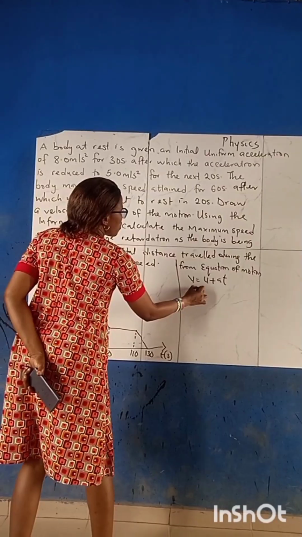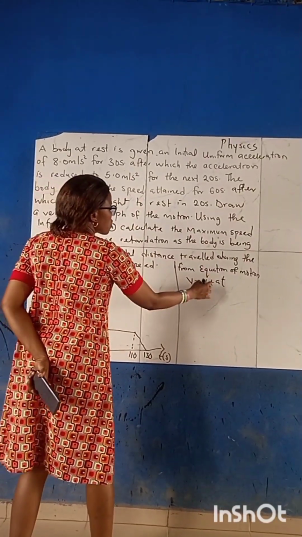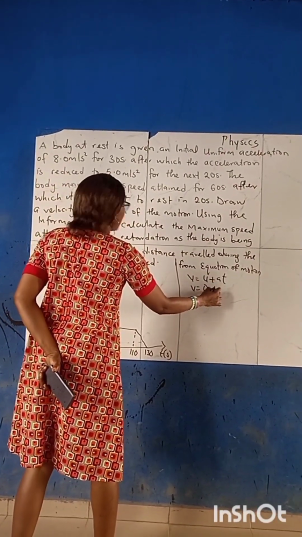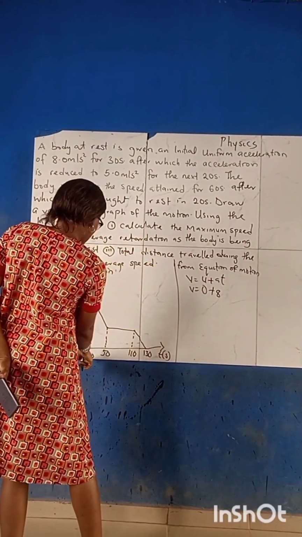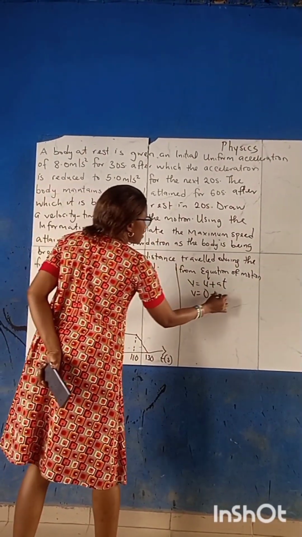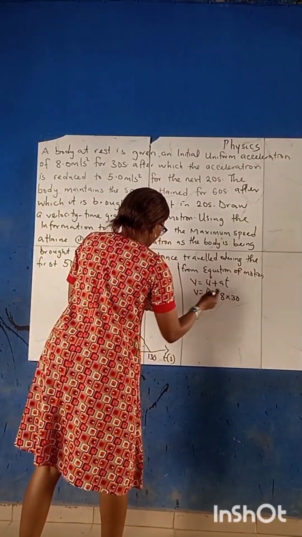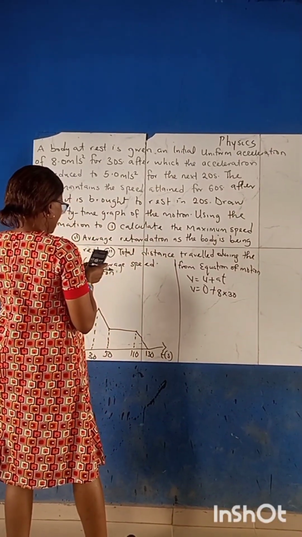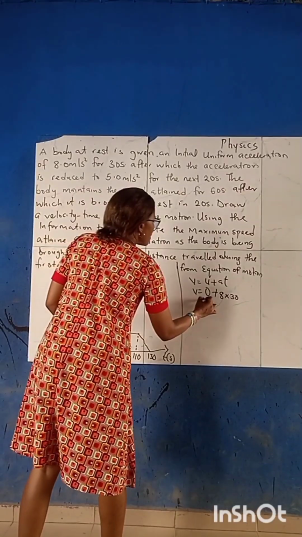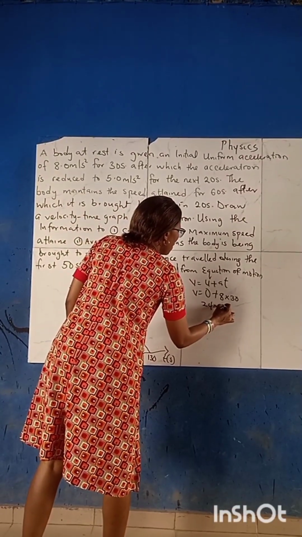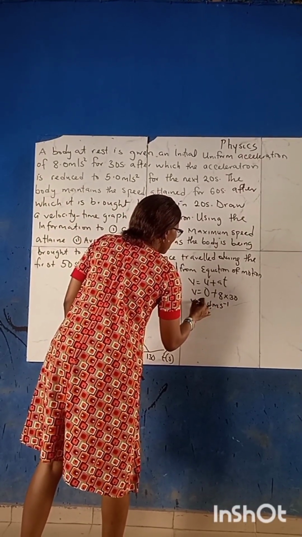The body is starting from rest, so V equals 0 plus the acceleration given, 8 meters per second squared, for 30 seconds. That's 8 multiplied by 30, which gives me 240 meters per second.